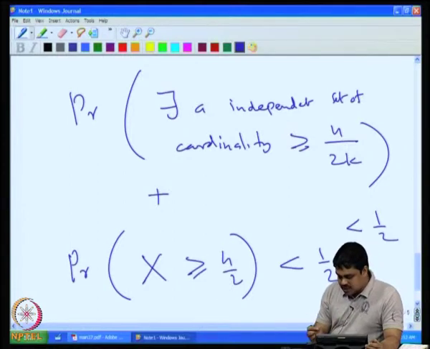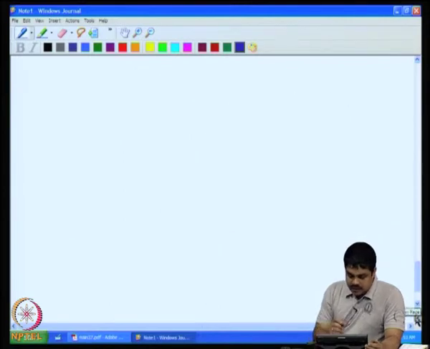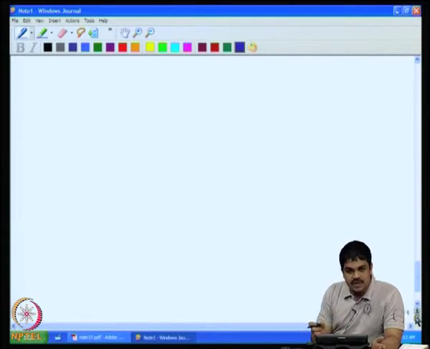Therefore, there exists a non-zero probability that our randomly drawn graph has at most n by 2 short cycles, and there is no independent set of cardinality greater than or equal to n by 2k. So, the independent set size is small.